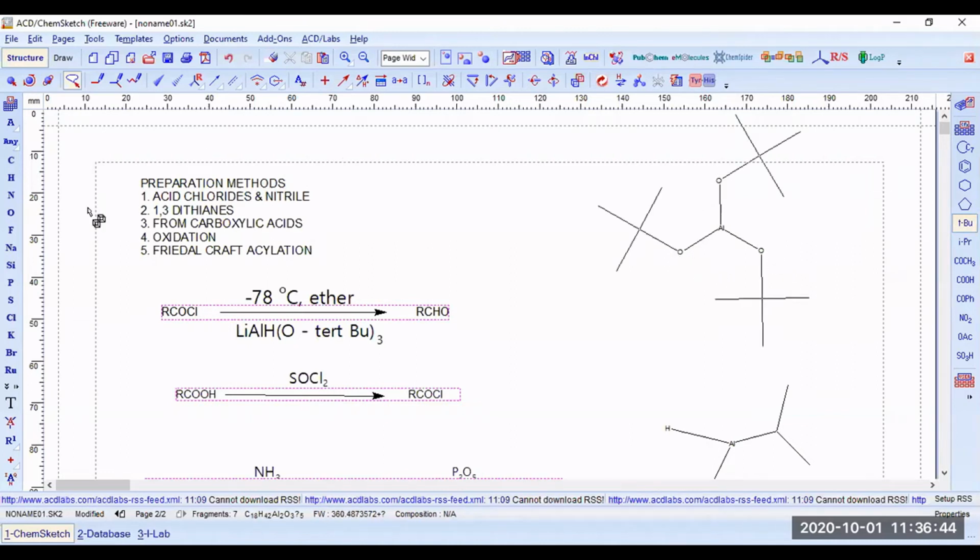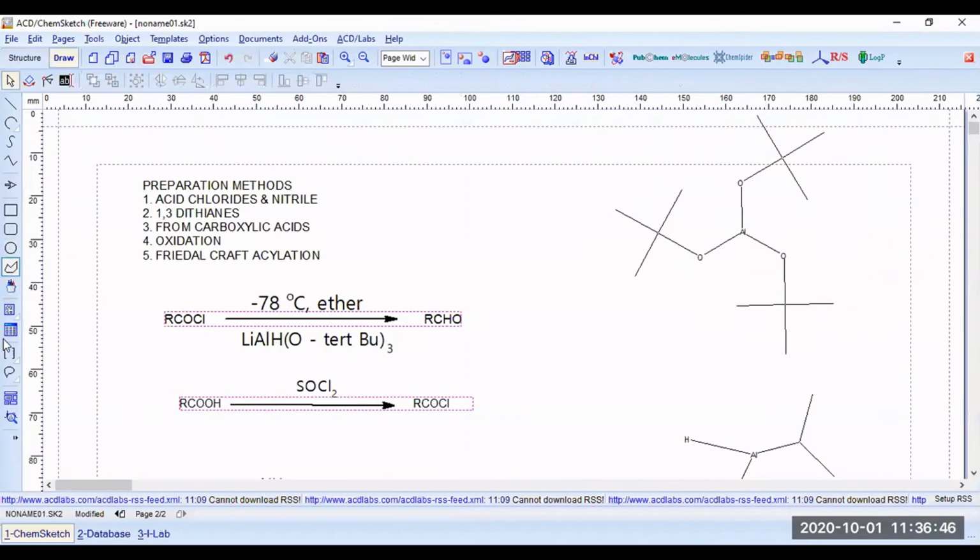You see the names of these things. What is LBAH? Lithium tri-tertiary butoxy aluminum hydride, that is LBAH. Even we can write this. These are the reagents.